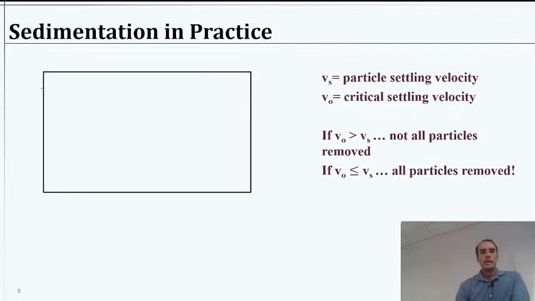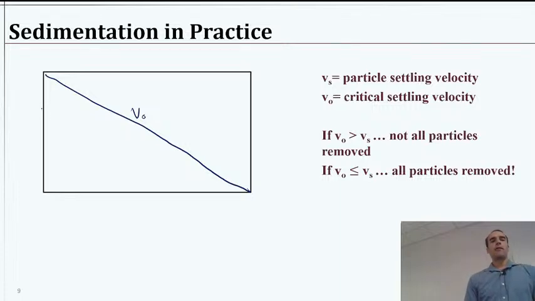Okay, so if this line shows what happens with V naught, we talked already that maybe we have a particle down here that is fine. Maybe we have a particle that looks like this, some VS, I'll say VS1.